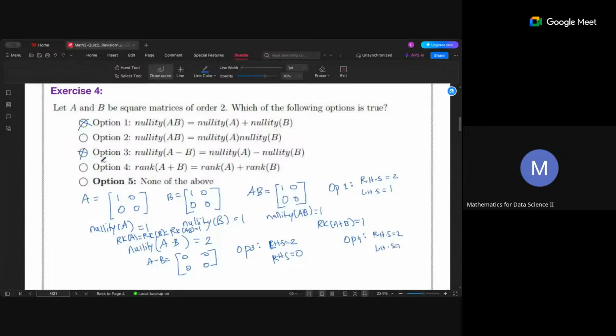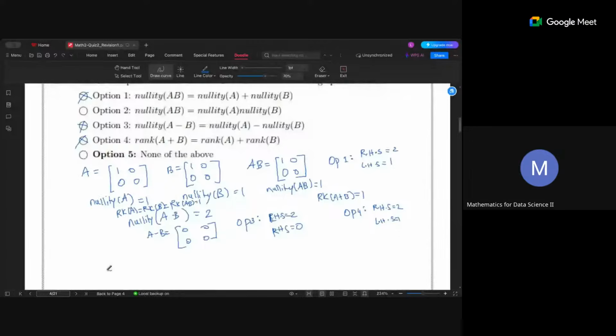So maybe let me consider a matrix. Ma'am, if we take the identity matrix of order 2. Okay, so let's try the identity matrix. So nullity is 0. What about AC?